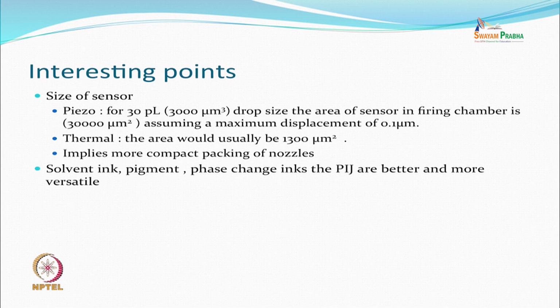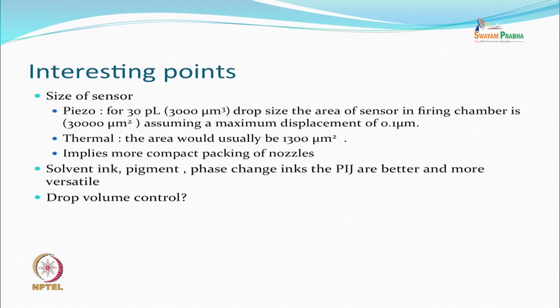Obviously, you can appreciate that the area of the sensor is not going to change every time you design a sensor; the area will remain the same. The only thing you can say is either you fire or you do not fire, or you control the voltage. If you can control the voltage, the total displacement can be controlled. So there is some advantage of piezo also, and therefore drop volume control can be done relatively easily, because the dimensional change of a piezo is fixed based on the voltage that you supply.